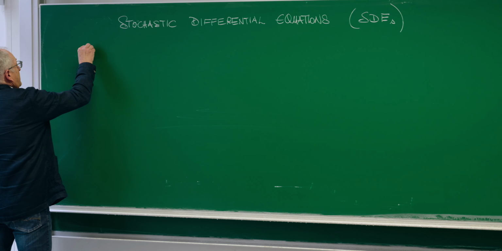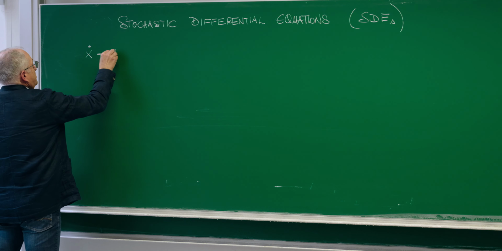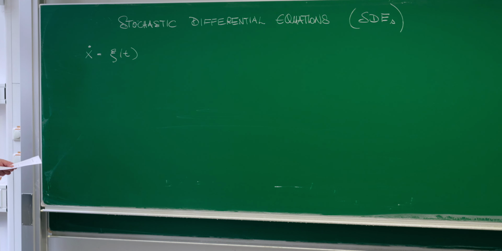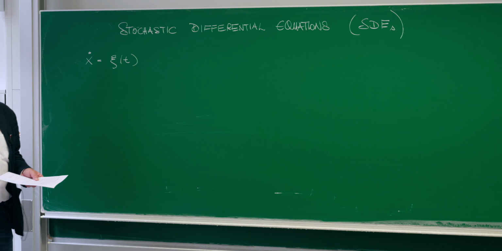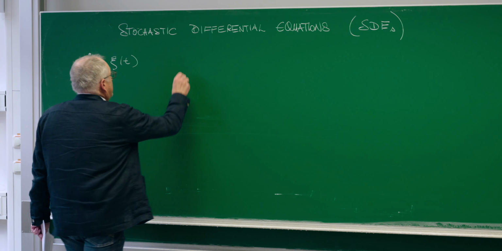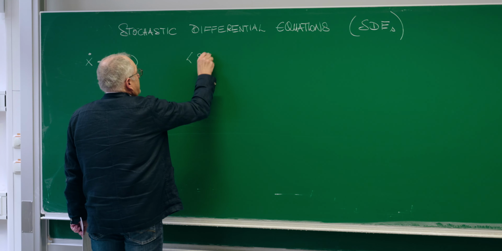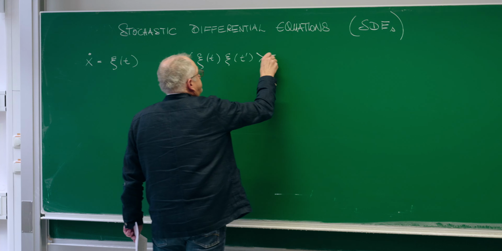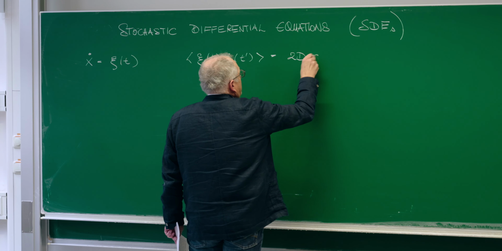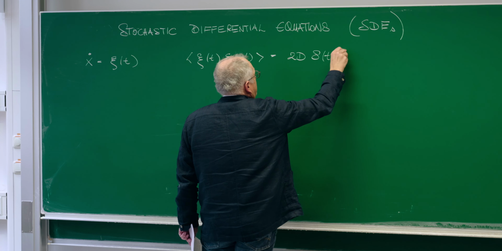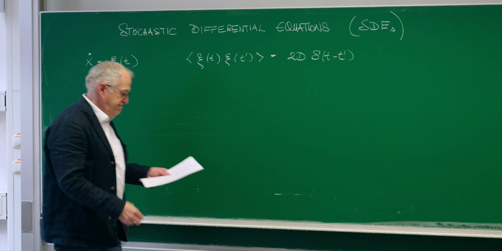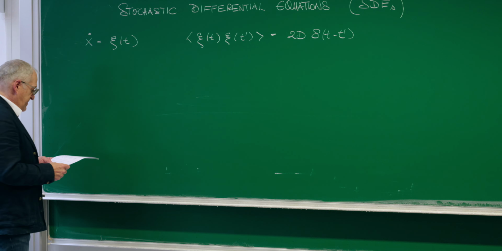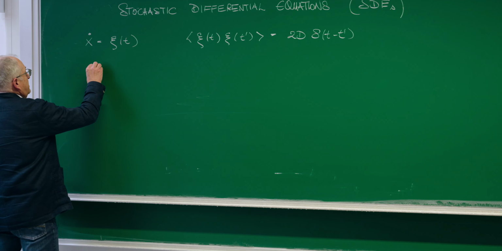So let's say we have just a process for a one-dimensional variable, which has just noise, just white noise. So as we had it, psi of t psi of t prime is 2D delta of t minus t prime. Mean is 0 as usual, and now let's write this in an incremental form.